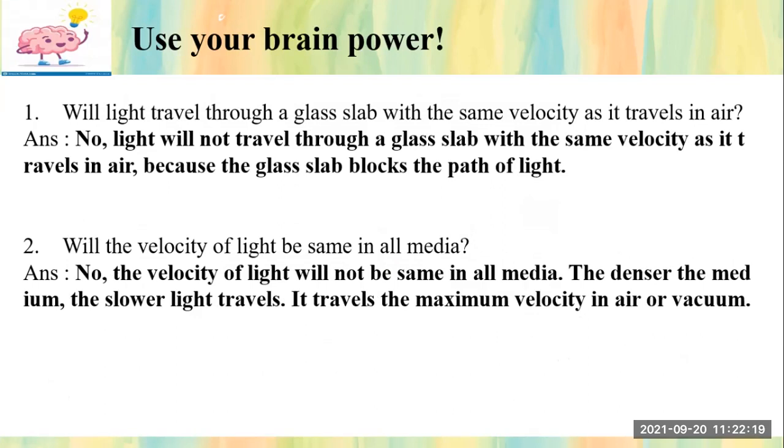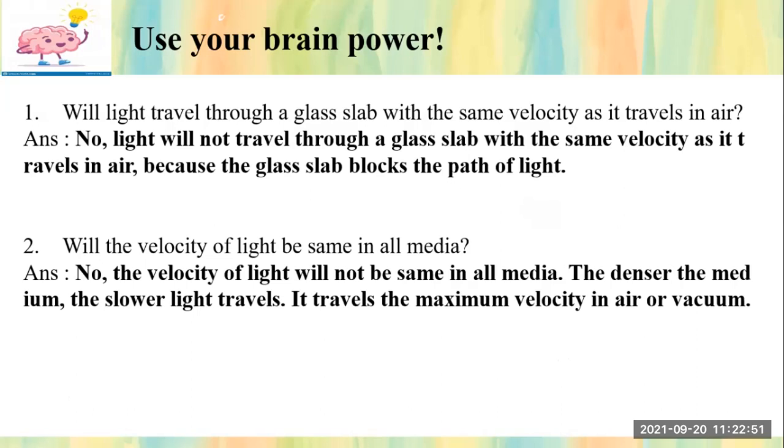Now see, number one. Will light travel through a glass slab with the same velocity as it travels in the air? Tell me, students. Will the light travel in the glass slab with the same velocity as it travels in the air? No, right? If it traveled at the same velocity, there would be no change in the light's direction. But we are seeing that there is a change in the light's direction, right?